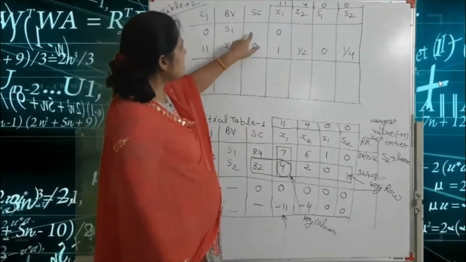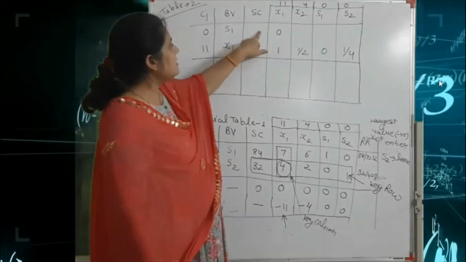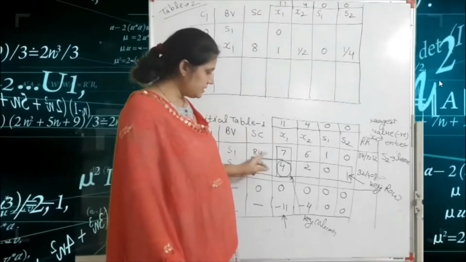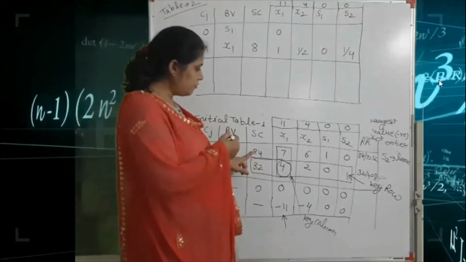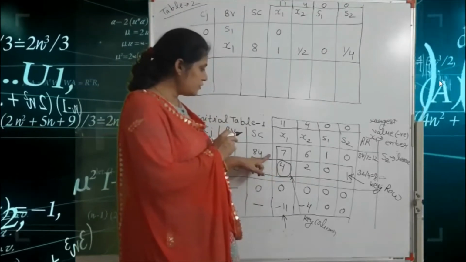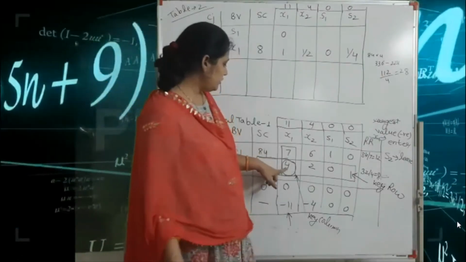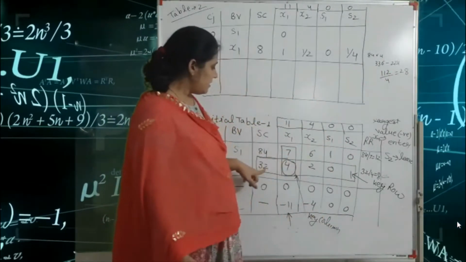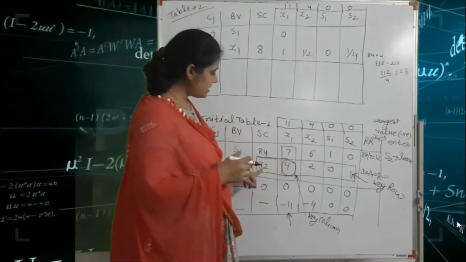Next, we write this place, that means according to 84. For finding the value in this place, your key number is multiplied by this number. That means 84 into 4 minus 32 into 7. Here you check the determinant form. So 84 into 4 is 336, minus 32 into 7.